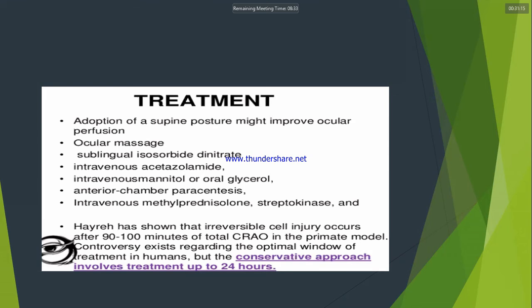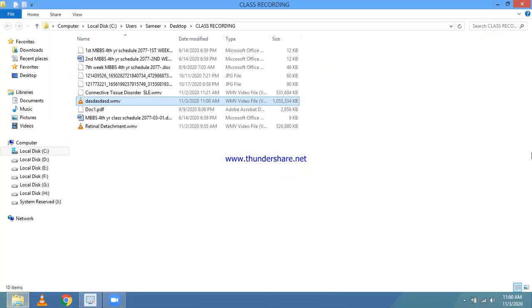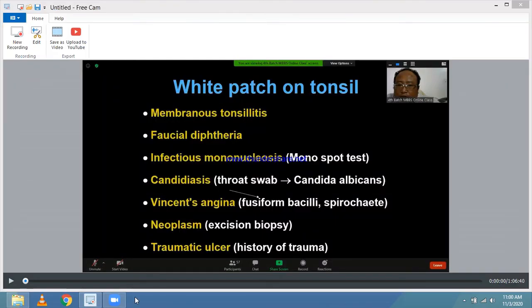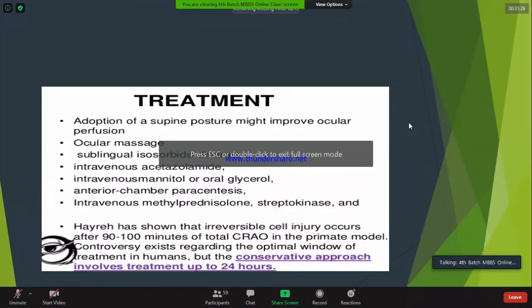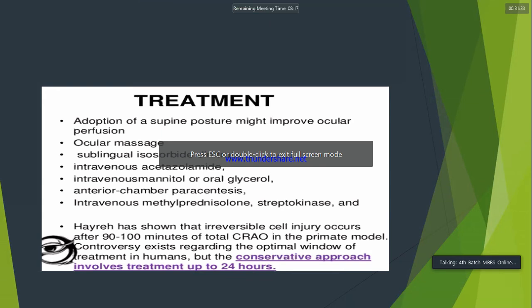Then sublingual isosorbide nitrate and intravenous acetazolamide to reduce the intraocular pressure, intravenous mannitol or oral glycerin, anterior chamber paracentesis, and intravenous methylprednisolone, streptokinase. This is a very important treatment.